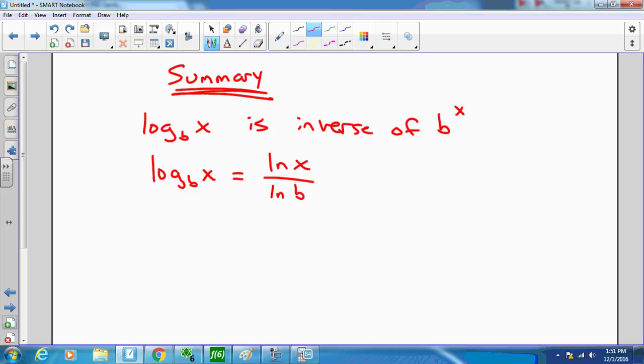And then it has the property that it is exactly equal to natural log of x divided by the log of the new base. And so from that, all of the properties come out, especially the calculus property that the derivative of log base b of x is the derivative of this change of base expression right here, which is 1 over x ln b.